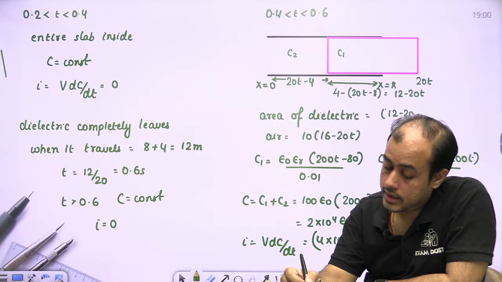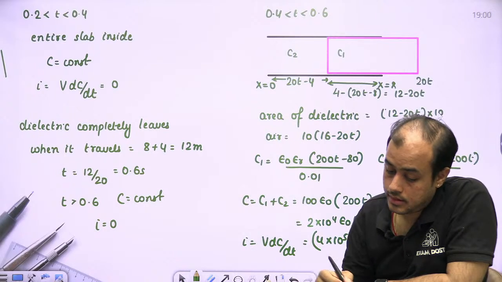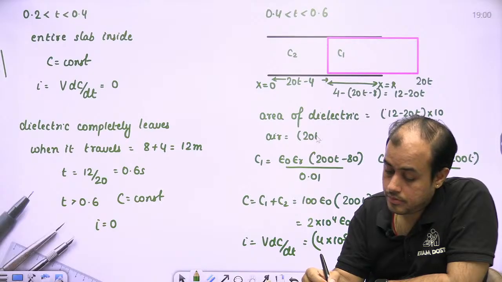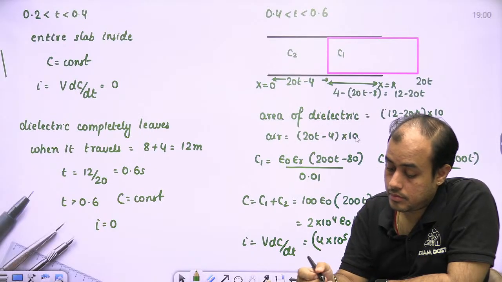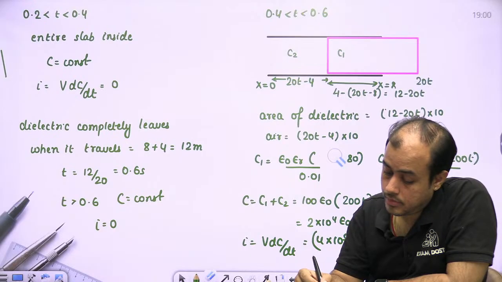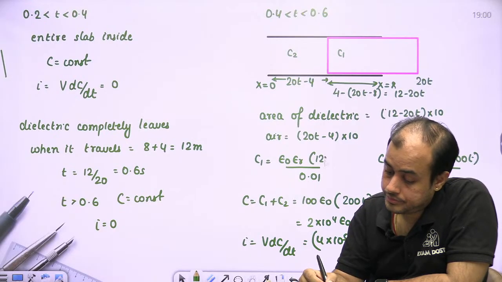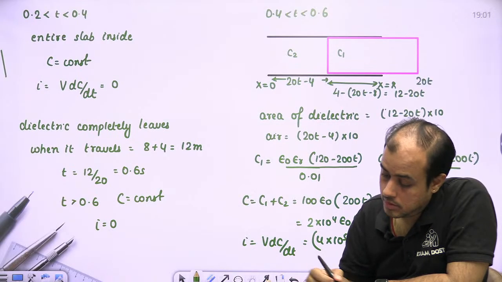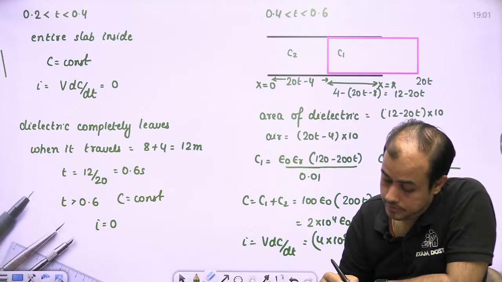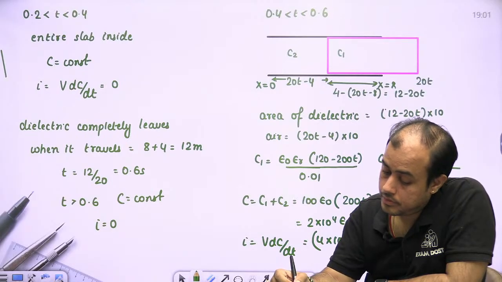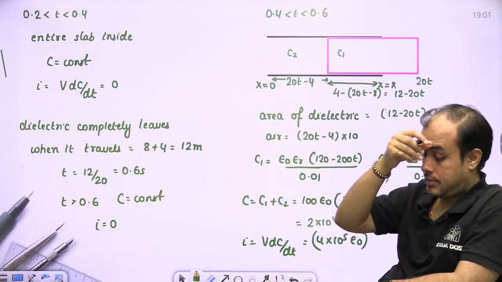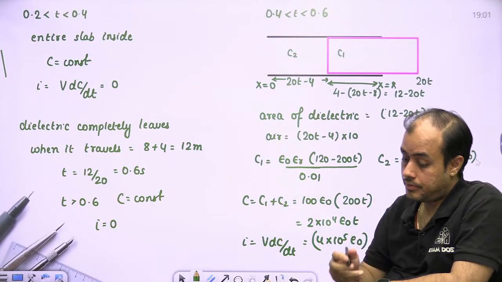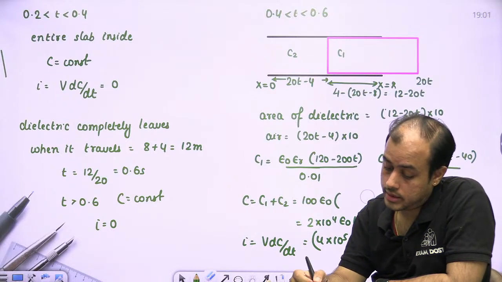Twelve minus 20t into 10. Okay. Now 240 minus 400. 200 minus 2.